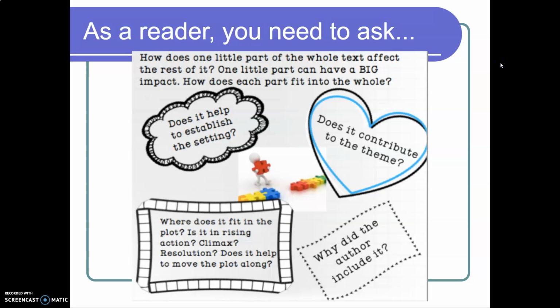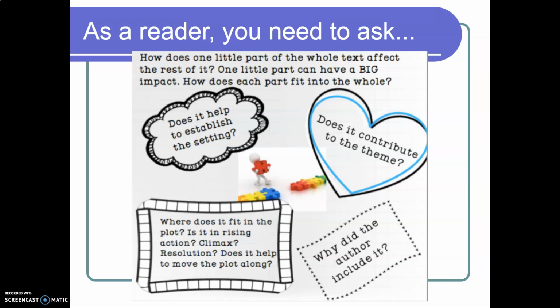As a good reader, you need to ask yourself, does it help establish the setting? Do these parts of the story help to show what the setting is like? Or does the part or sentence contribute to the theme of the story? You could probably pick out places in stories. Like, let's think about Everything Will Be Okay with Jack and the kitten. There's a part where he realizes that he doesn't want to be like his brothers and his dad.